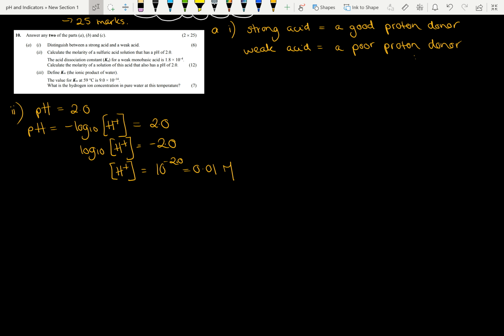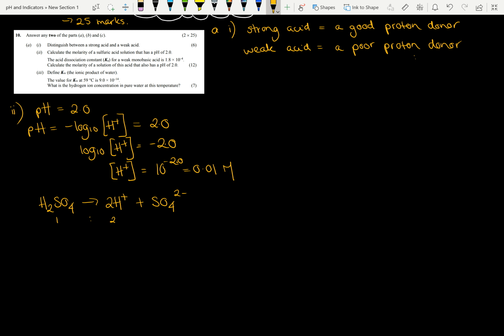Now let's take a look at sulfuric acid, because we know that sulfuric acid is a strong acid. It fully dissociates to produce 2 hydrogen ions for every 1 molecule of sulfuric acid. So we've got a 2-to-1 ratio here.